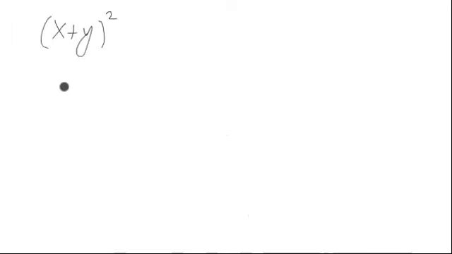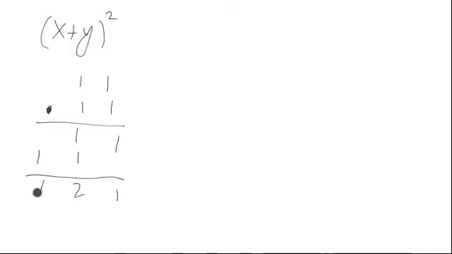So to do this, we multiply again. Let's see, that's a multiplication symbol. So we get 1, 1, 1, 1, add: 1, 2, 1. What does that mean? This means 1 times x squared, it's still an x squared. This is a 2x, but whenever we have an x, we also have a y.